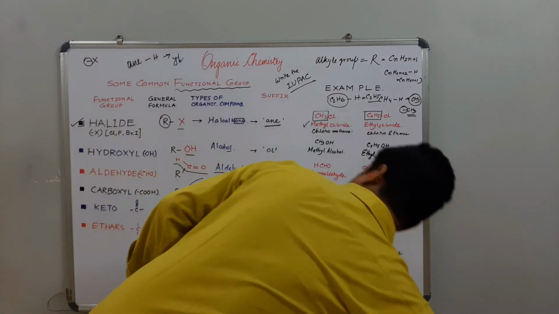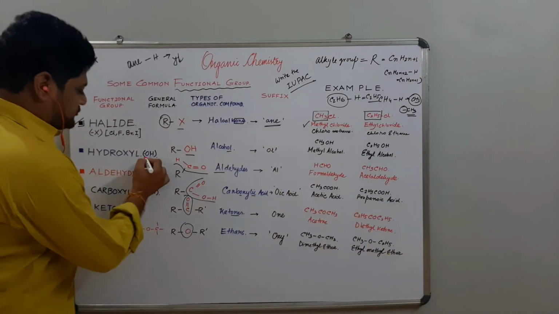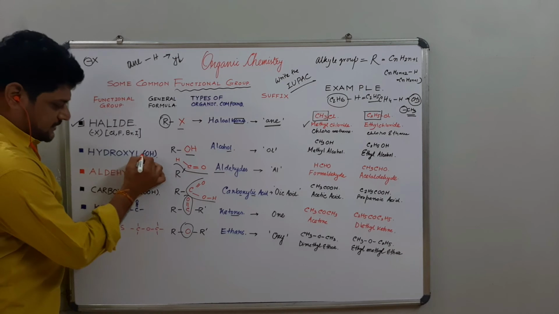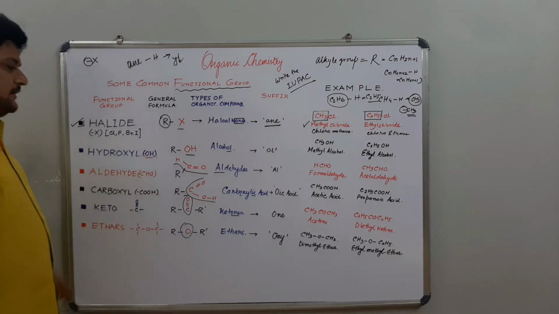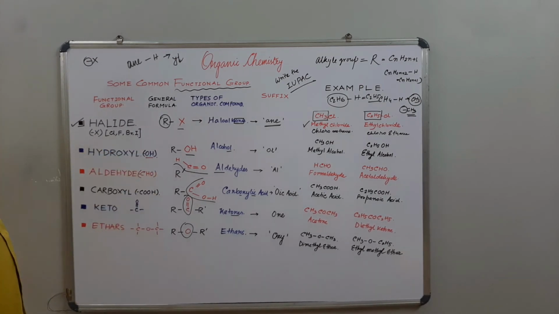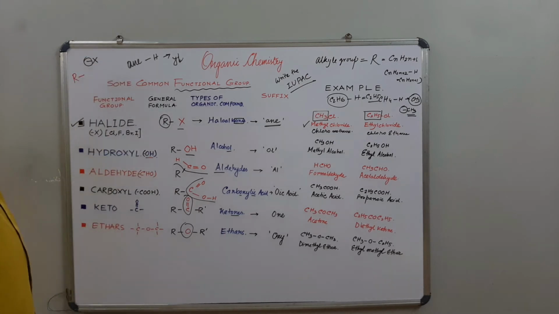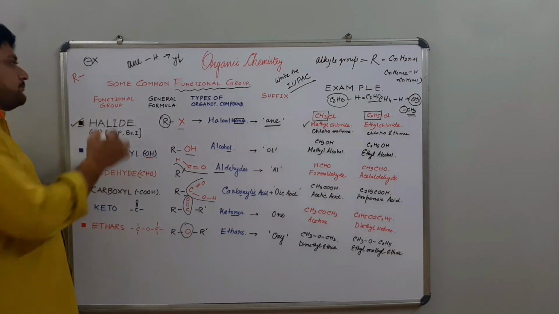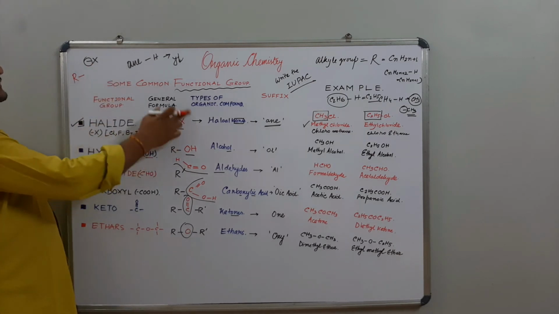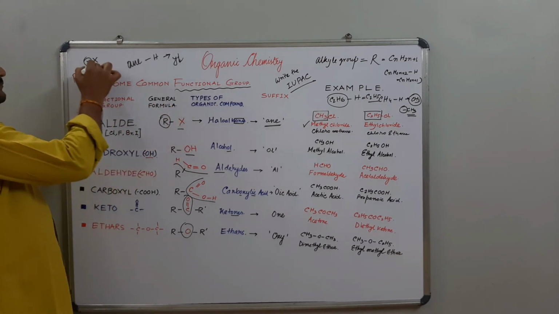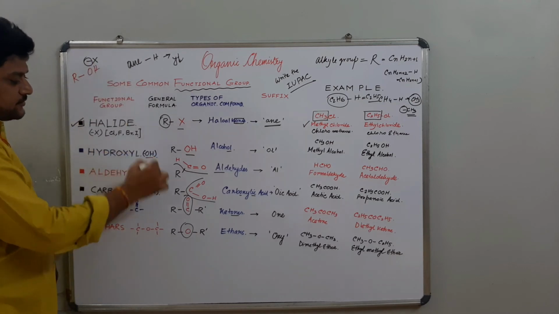Hydroxyl: hydrogen and oxygen, it has a bond that is associated with that R. So R has a space to take another element or compound. The previous one was nothing but an element, now it is a compound, OH, that's why it is a hydroxyl.